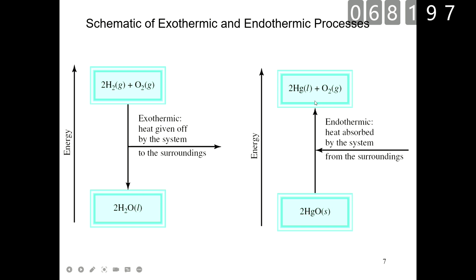If the energy of the products is higher than that of the reactants, this means the system should absorb heat from the environment. So this is about the exothermic and endothermic process. It is decided by the energy difference between the reactants and products.